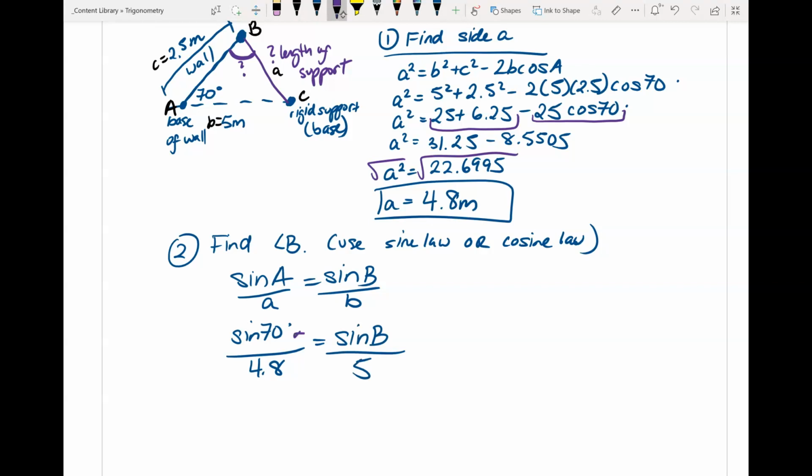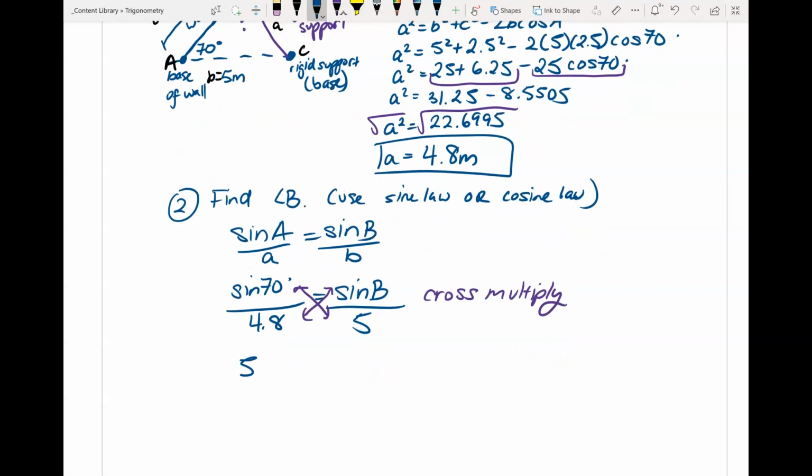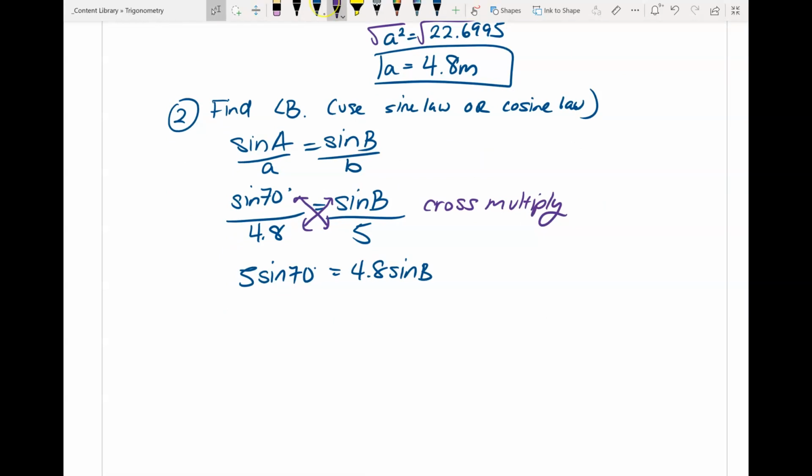So from here, I'm going to cross multiply. So that's 5 sine 70 is equal to 4.8 sine B. I want to isolate sine B, so I'm going to divide by 4.8 on both sides to get sine B by itself.